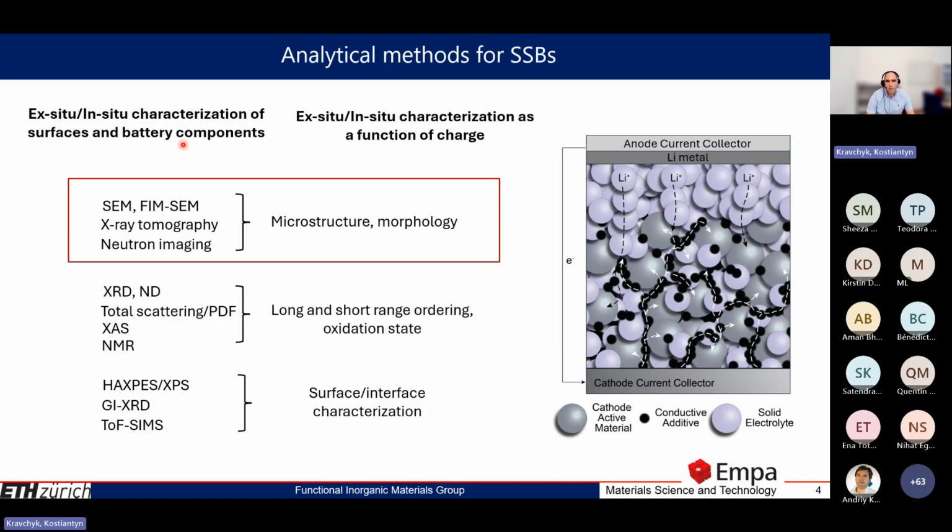So basically, when these components are placed inside your battery, you try to monitor the changes which happen as a result of lithiation and delithiation.